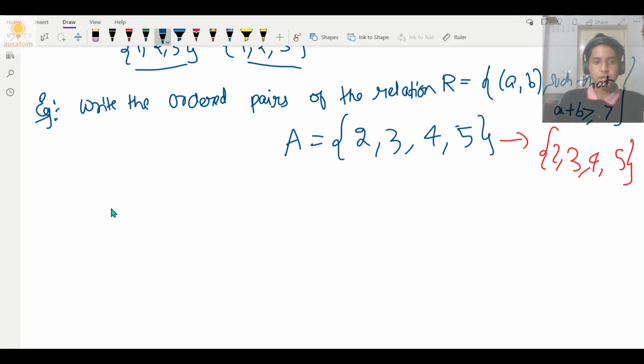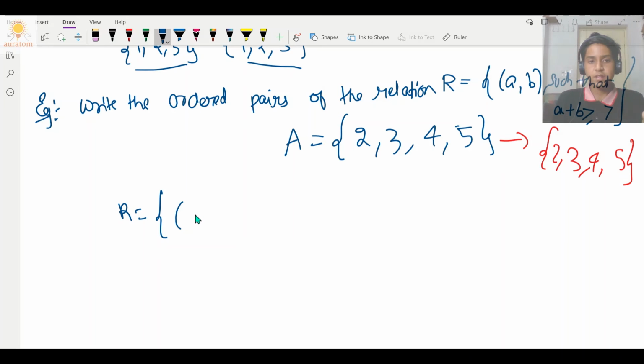So the relation would be the ordered pairs from here and here which satisfy this condition. If you take an element from here and an element from here, in this which is the same set, suppose let's take the element 2 from here and 2 from here.